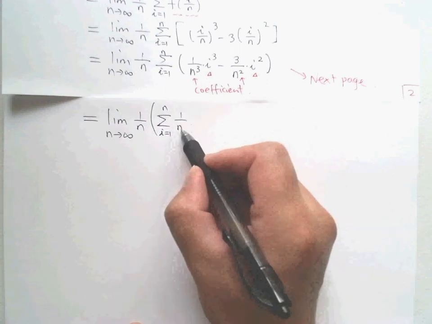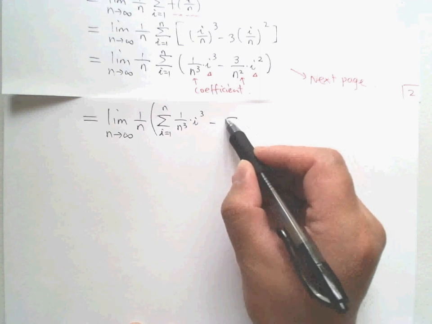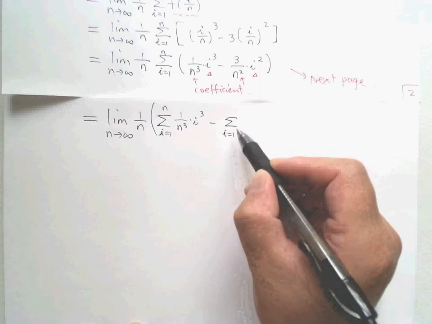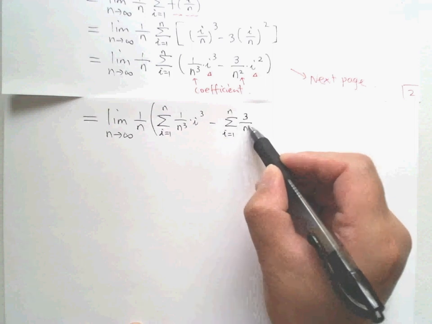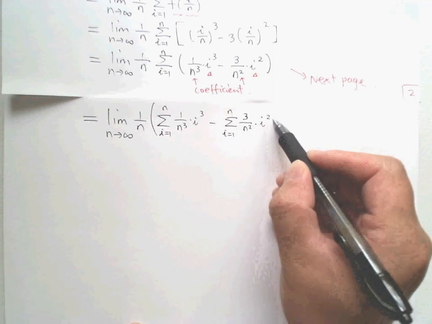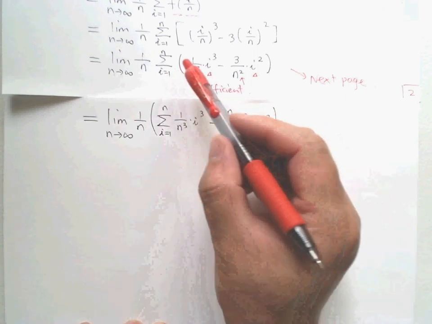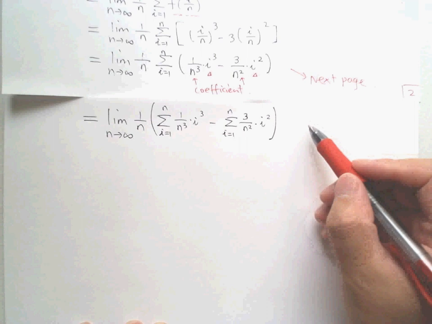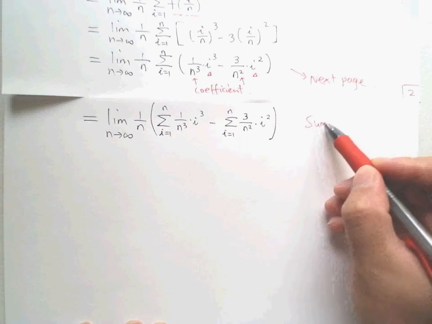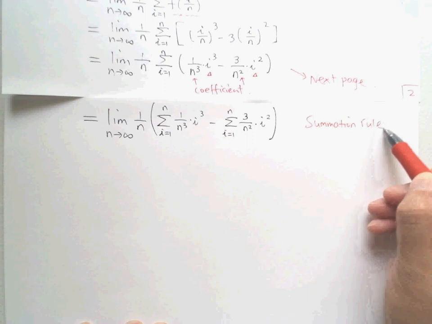The first term is 1 over n to the third power times i raised to the third power, minus the second term, another one, 3 over n squared times i squared. See, one summation, 1 sigma, goes to 2 sigmas. This is what we use, the summation rule. Remember this is the summation rule we used. Which rule?